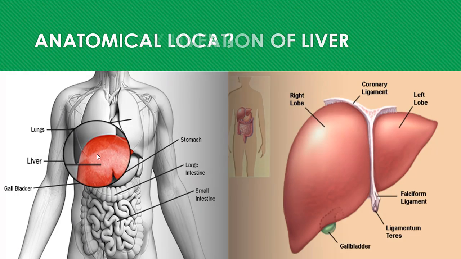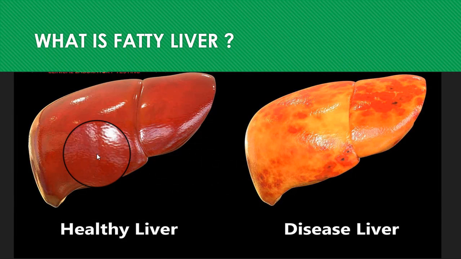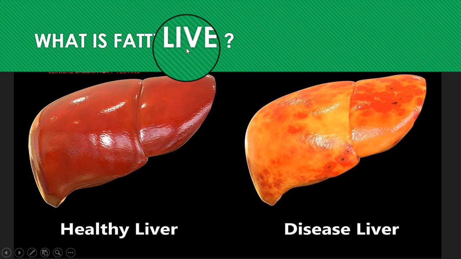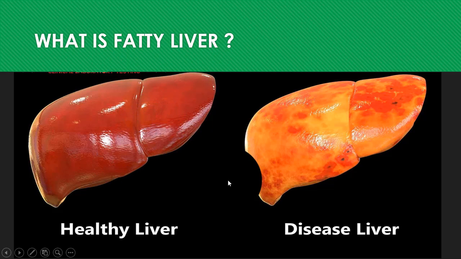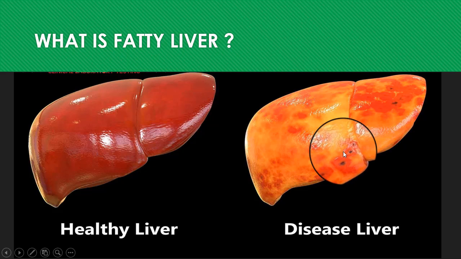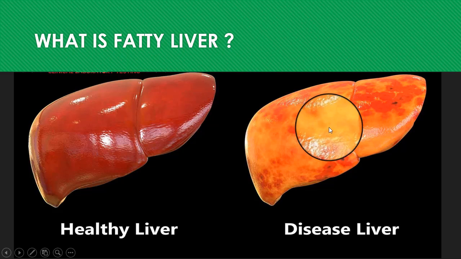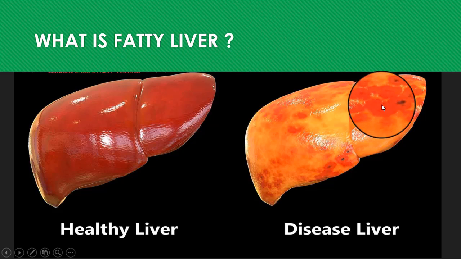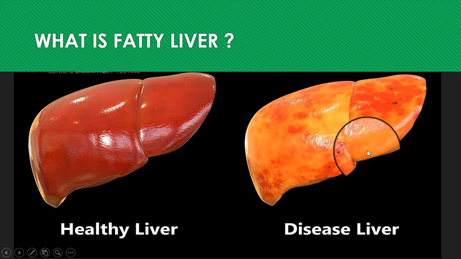Now next we have what you understand by the term fatty liver, that is, what exactly fatty liver is. So now we will discuss this. Steatosis happens when fat builds up in the liver, and having small amounts of fat in your liver is normal, but too much can become a health problem.